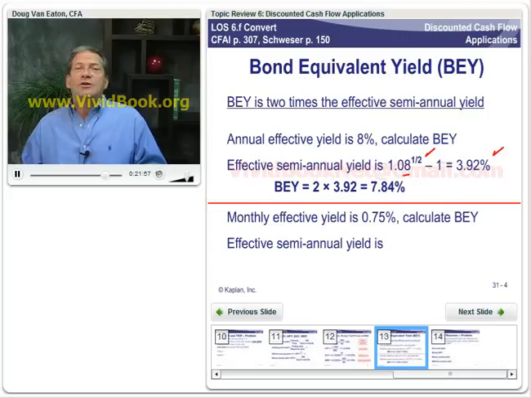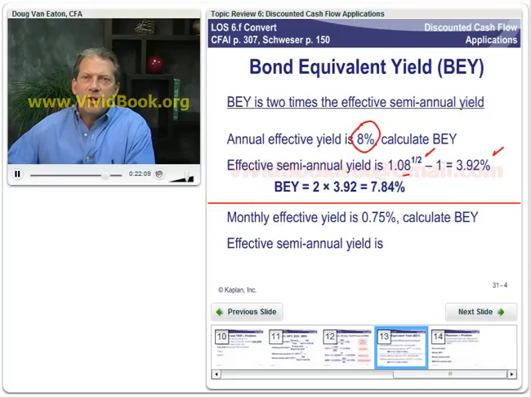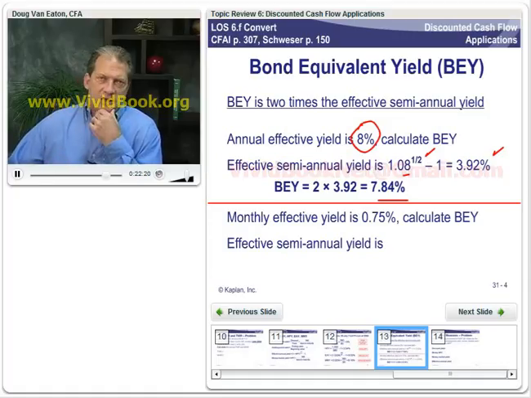Of course, our effective annual return with semi-annual compounding is going to be a little higher than that. In this case, we know our effective rate is 8%, but our bond equivalent yield is 7.84%.